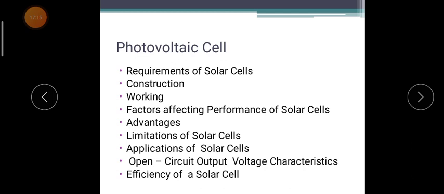When used extensively, the cost may also come down. Hence, solar cells are no doubt the future source of energy for the world.